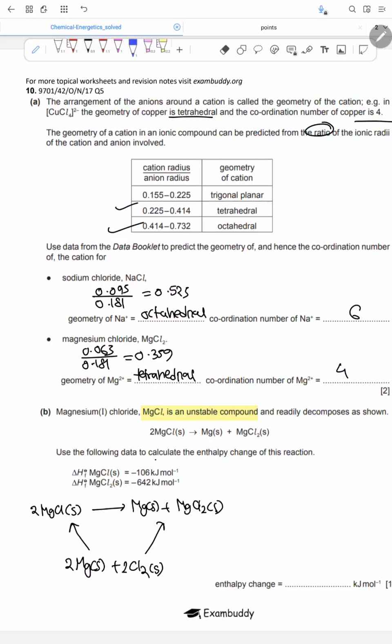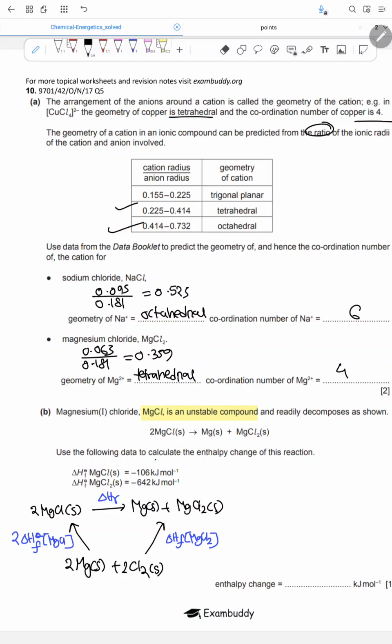We know the enthalpy change of formation for an element is 0. So over here we'll just write the enthalpy change of formation of magnesium chloride, and here two times the enthalpy change of formation of MgCl. This is our delta H R.